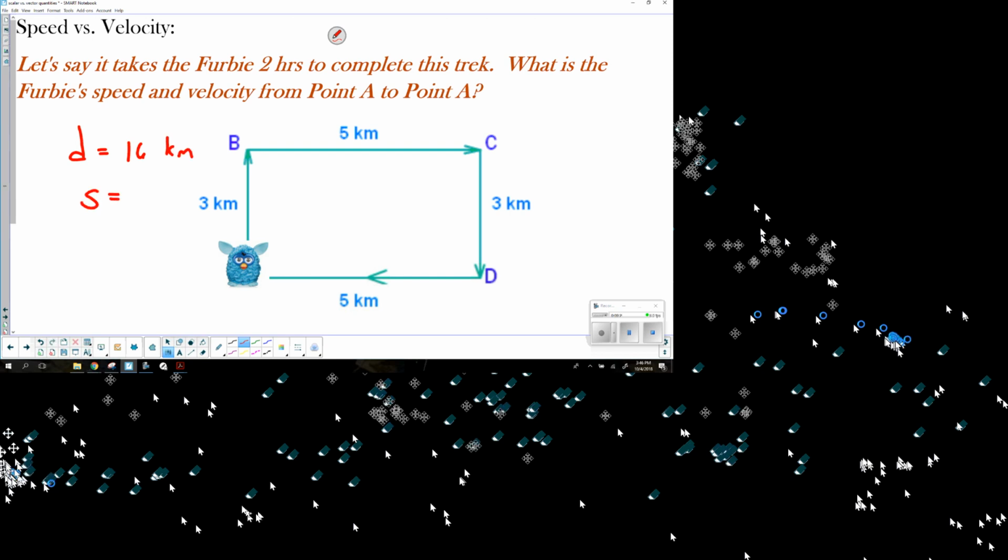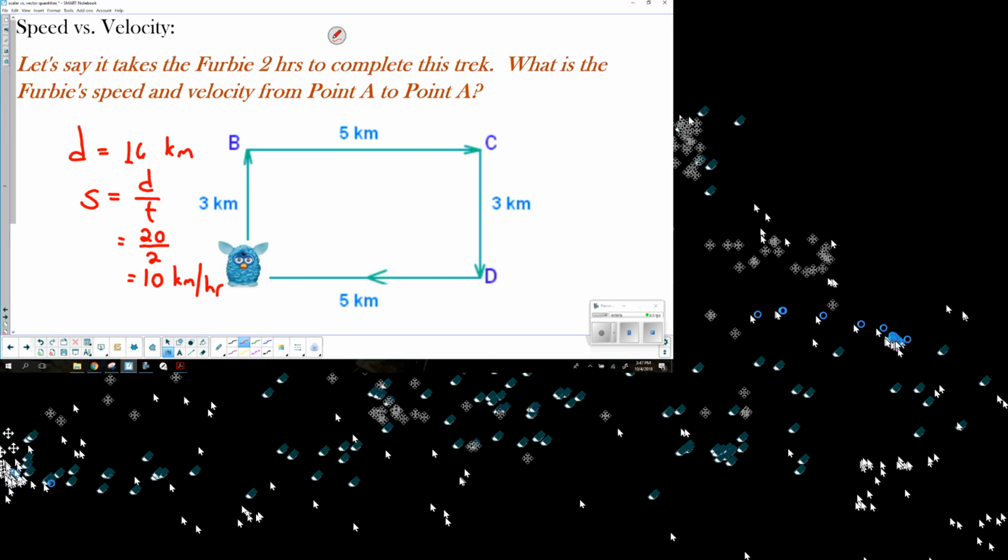So speed is going to be distance divided by time, or 16, oops, I forgot, I needed to round this to correct sig figs, which is 1. And 16 rounds up to 20. 20 kilometers in 2 hours has an estimated speed of 10 kilometers per hour.